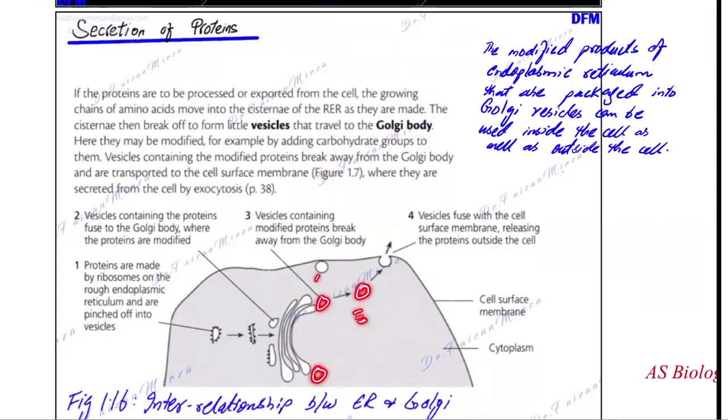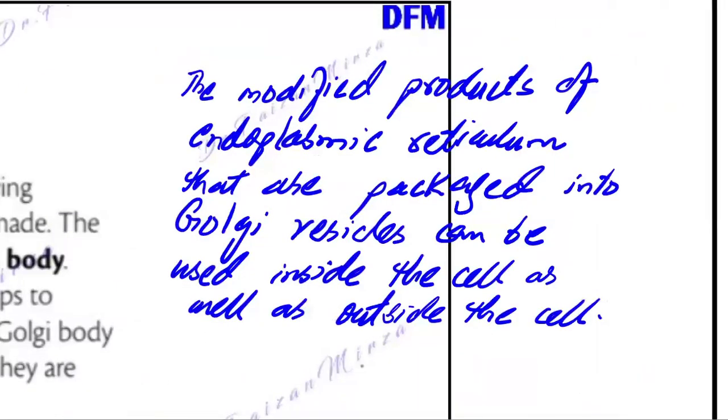All vesicles carry different kinds of products. So all vesicles will not release their products outside. Some of the vesicles will stay within the cytoplasm for the products to be used within the cell. So all the modified products of endoplasmic reticulum that are packaged in the Golgi vesicles can be used inside the cell as well as outside the cell.